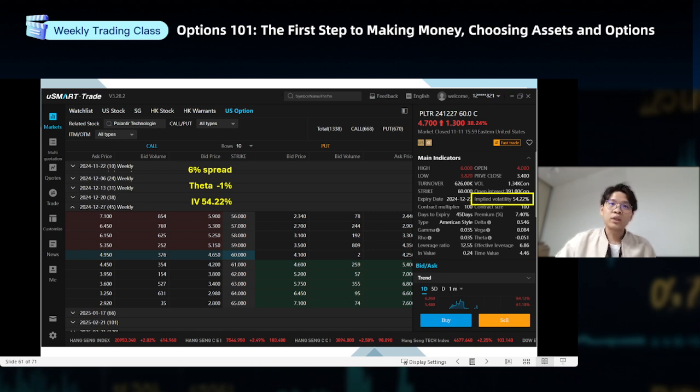And how do we know whether it is above the average, on the average, or below the average? When it is above the average, it means that the current premium price is more expensive than it should be. If it is below, that means that this is a cheap option to buy in for now. Okay, so this will be my personal method to check the implied volatility for an individual stock.